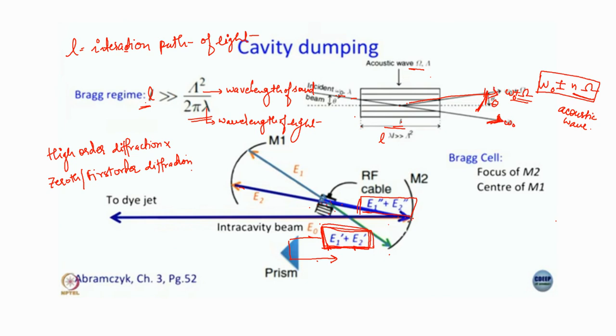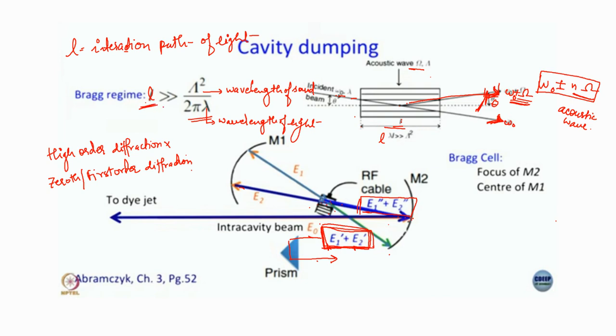One part goes straight without getting diffracted, while the other part gets diffracted at some angle theta, with frequency omega naught plus capital Omega, which is the contribution from the acoustic wave. In the Bragg cell, the acoustic wave is applied perpendicular to the incident light beam. When the two waves interact, they interact constructively following Bragg's law.